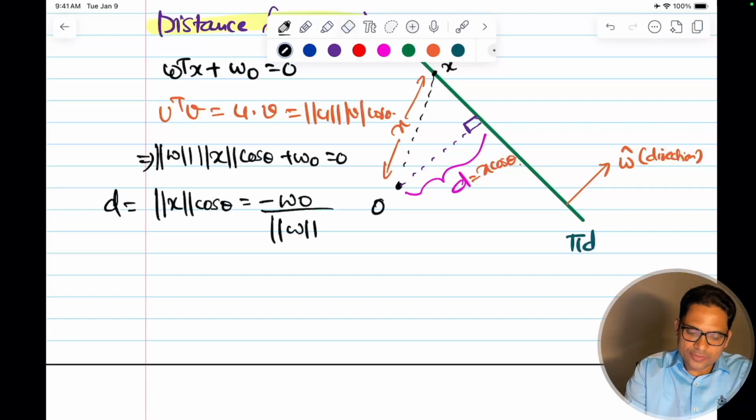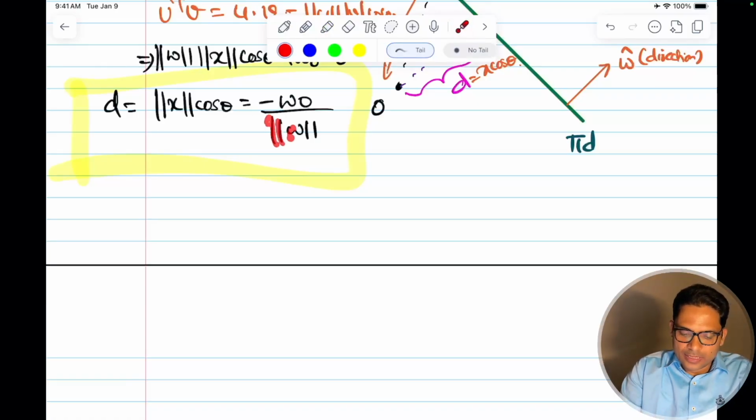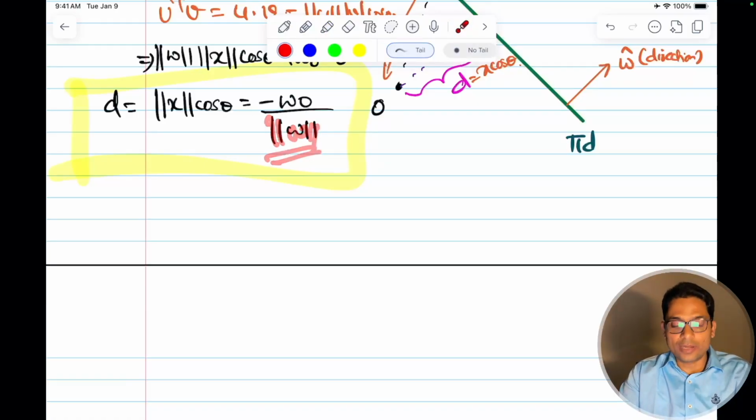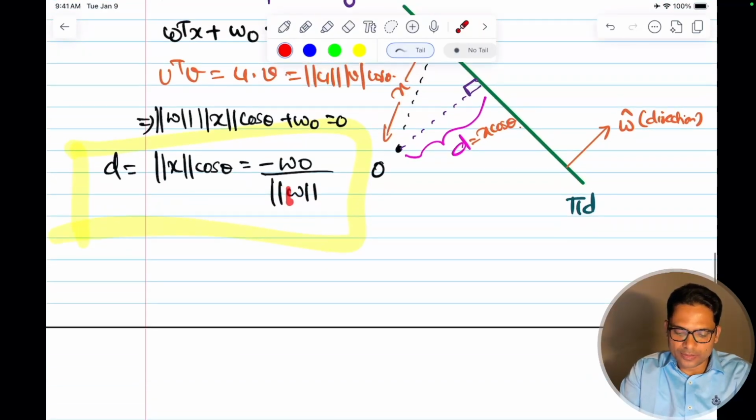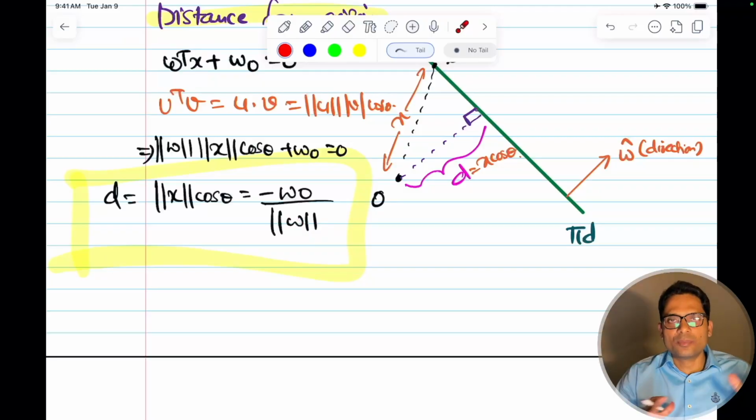So the distance of the hyperplane from the origin is given by minus W0 by the length of the W vector. In all the dimensions, W will have all the values, right? So this is your distance of the plane.